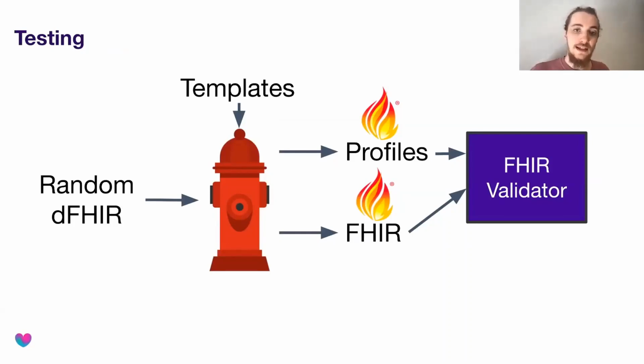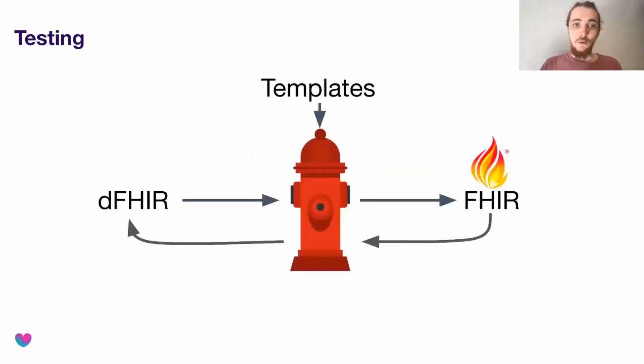Now this stops issues like getting the wrong types of fields, messing up references, things like that. We can also test random DeFi. So we generate random DeFi, hydrate it, then dehydrate it in order to check if we get the same result. And that catches a lot of issues like parameters that go nowhere, duplicate parameters, and etc.